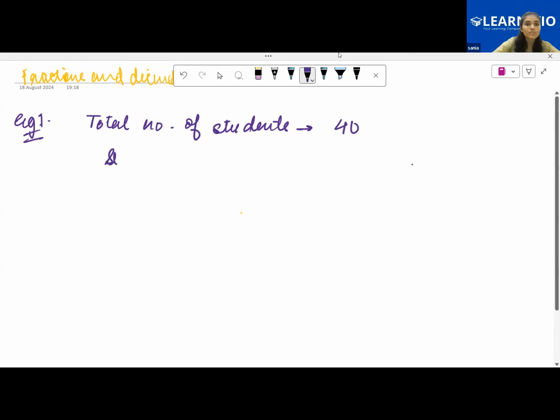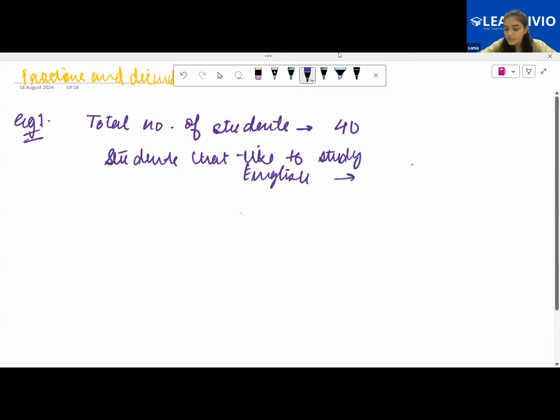So the students that like to study English, it is written that 1 by 5 of the total number of students. So you can write 1 by 5 of, what is the total number of students? 40. So you'll write 1 by 5 of 40.